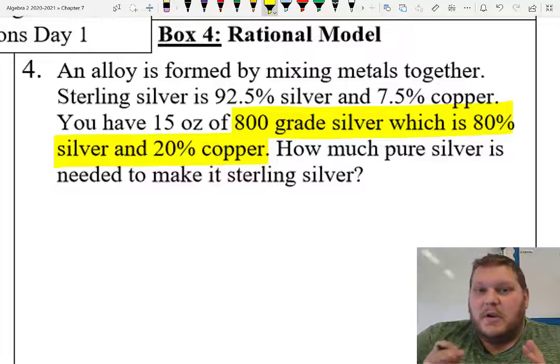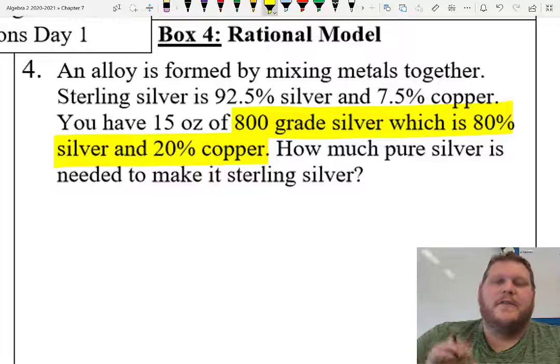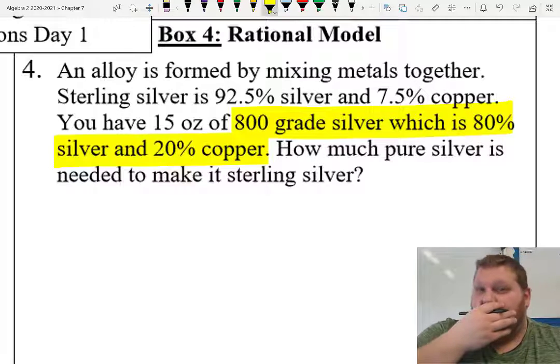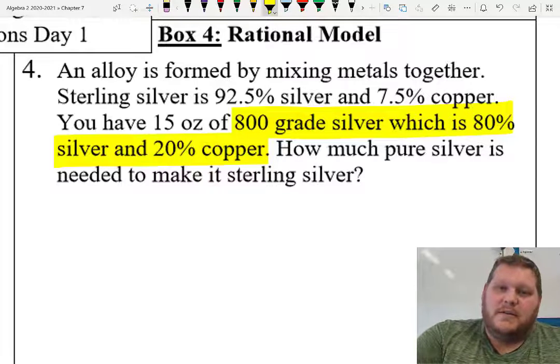But we're starting with a set amount of copper. So what we want to focus on is that 7.5% copper. We want to figure out how much copper we have, and then that'll tell us how much silver we need to add to the mixture.